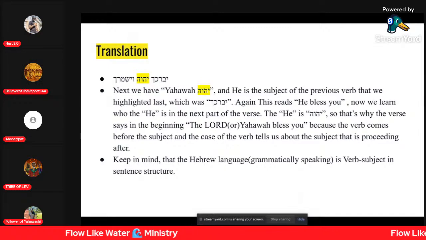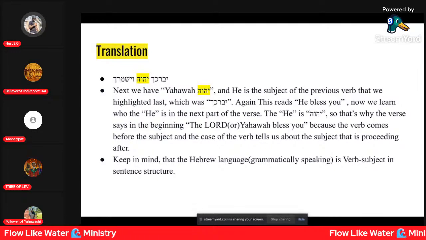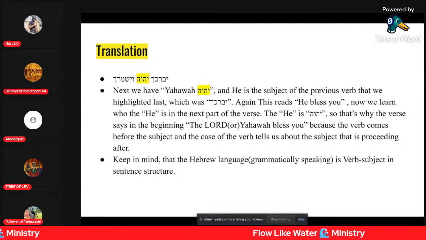Translation. Next we have Yahweh, and he is the subject of the previous verb that we highlighted last, which again reads, he bless you. Now we learn who the he is in the next part of the verse.